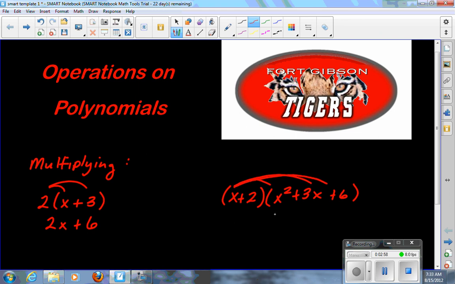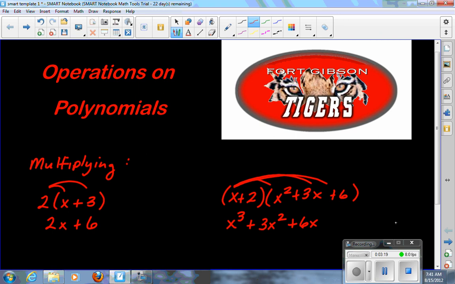and distribute this one. So distributing the x, I get x times x squared is x cubed. X times positive 3x is 3x squared, and the last one is 6x.